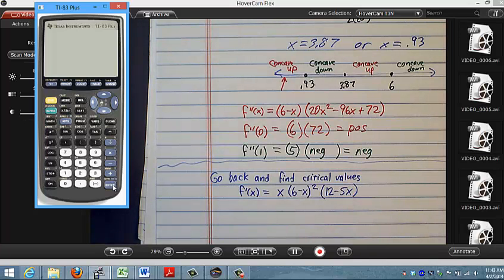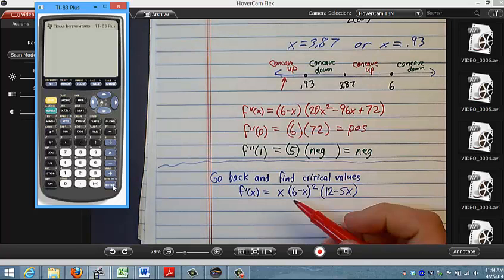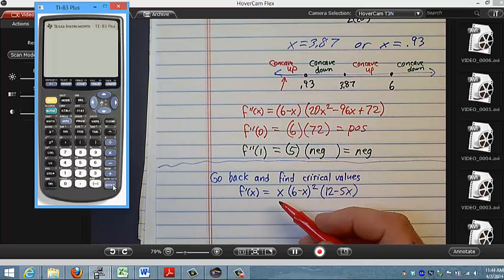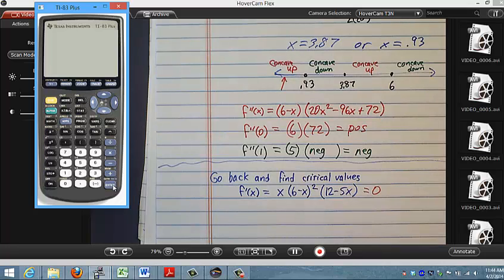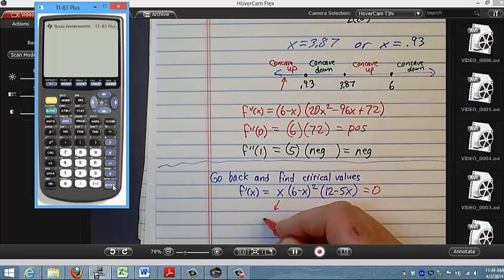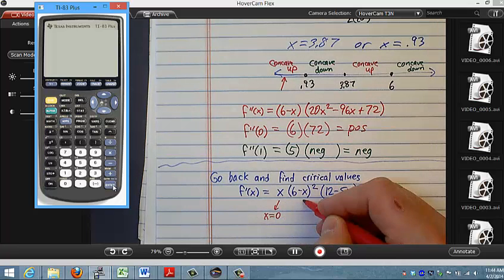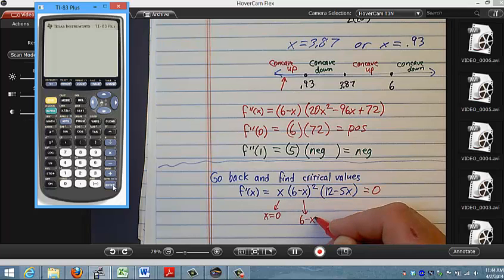So now what's helpful, I guess, is that what do I know about that derivative? I know if I want to find its zeros, well, one of them is going to be x equals 0. One of them is going to be 6 minus x equals 0.